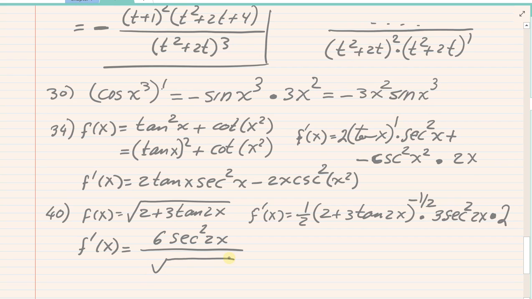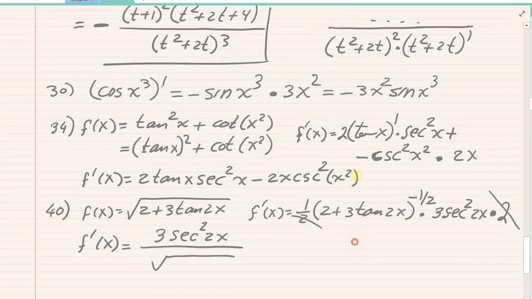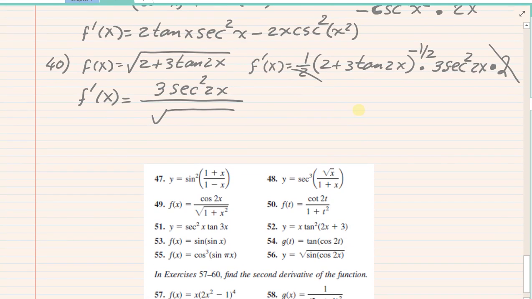Oh, actually, I just realized the 2 and the half cross out, so that's just 3. And that's the square root of 2 plus 3 tangent of 2x. Okay, and that is your number 40 for you.